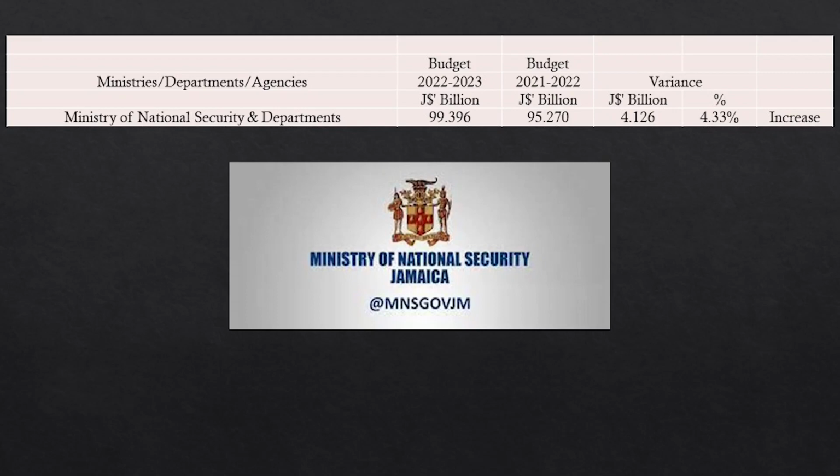This represents a 4.33% increase, or put another way, the Ministry of National Security and departments that report to national security combined will receive an additional $4.126 billion for the next budget cycle.